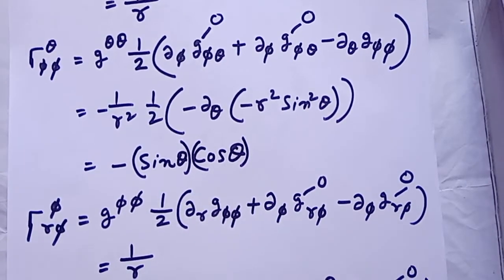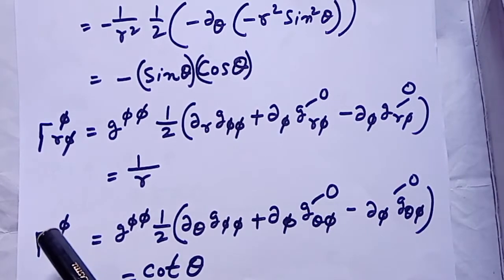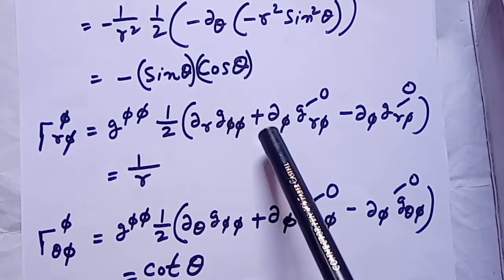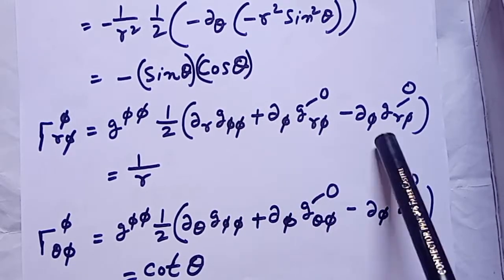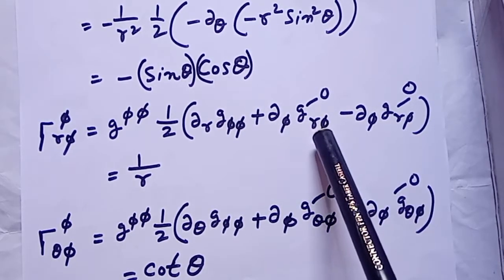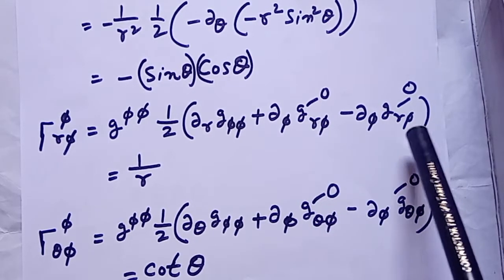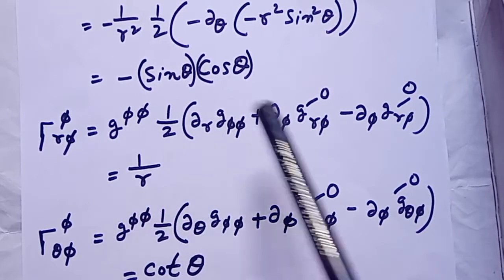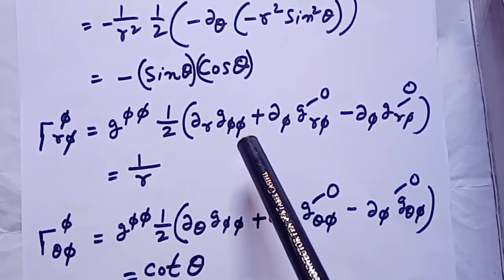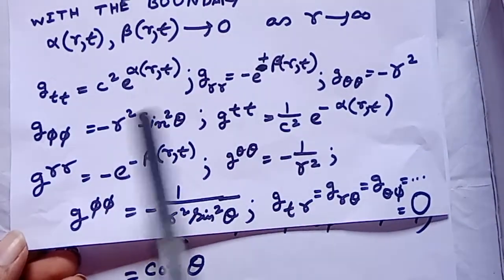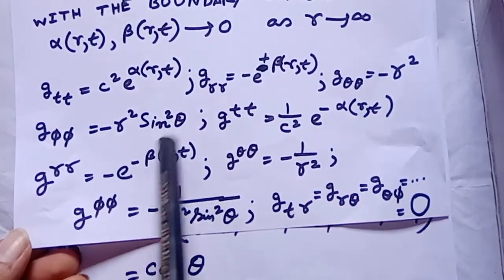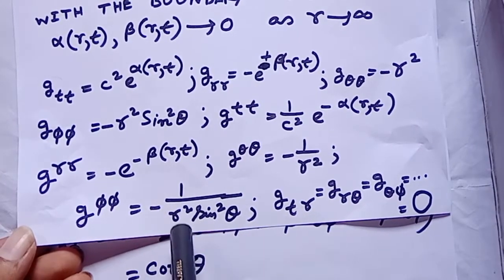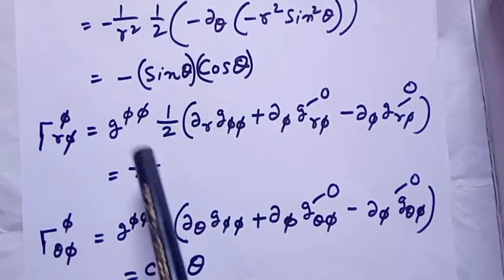Now another Christoffel symbol, Gamma^phi_r phi, which is g^phi phi times half (del_r g_phi phi plus del_phi g_r phi minus del_phi g_r phi). There are no other components like g_r phi, so those are 0. Then we put in the metric values: g_phi phi is minus r squared sin squared theta, and g^phi phi is minus 1 over r squared sin squared theta, and we have 1 over r.